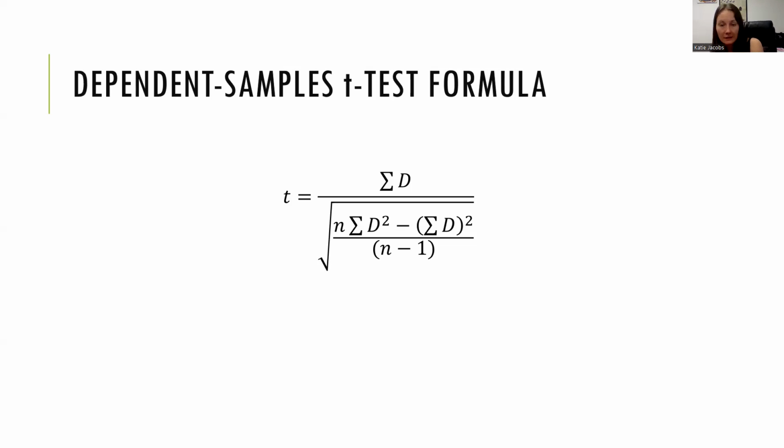There is a difference between taking the summation of your d-squareds versus finding the summation of your difference scores and then squaring it. Those numbers are going to be dramatically different. So it's really important that we pay attention to what we're doing with those parentheses, especially when the summation symbol's involved.